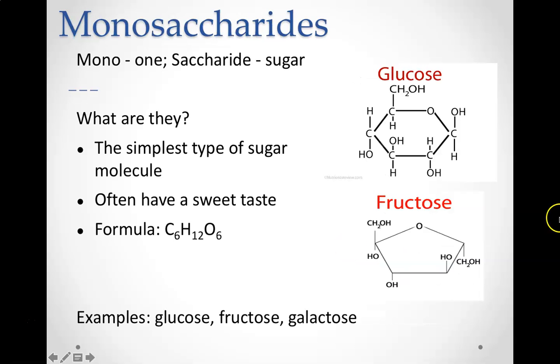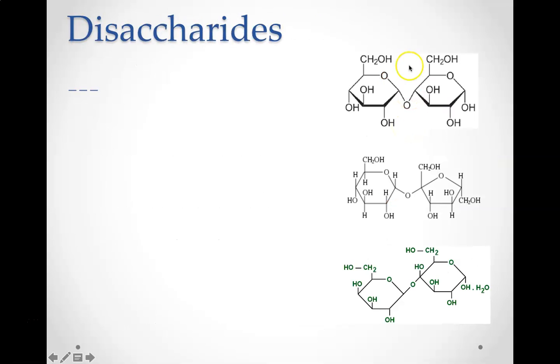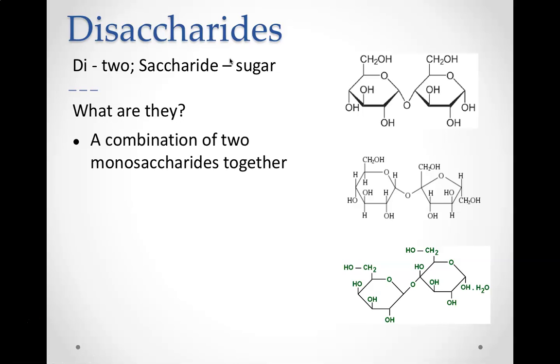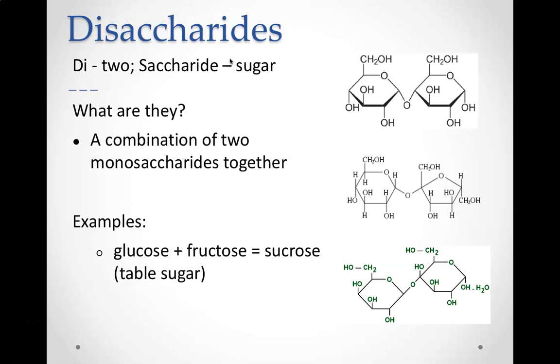Disaccharides. So if you look at the picture here that we pointed out before on monosaccharides, one ring. And now we can see in each of these pictures we have two of those rings. And that's exactly what the name means. Di means two, and saccharide, as we said, means sugar. So this is two sugar rings together, a combination of monosaccharides. And depending on the combo, we get different types of disaccharides.